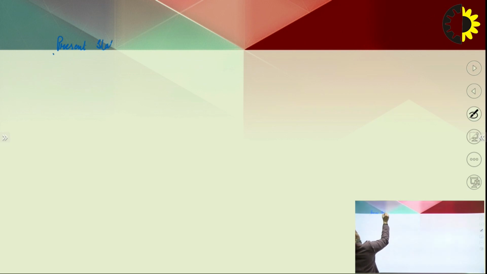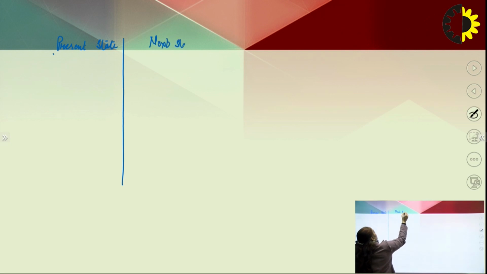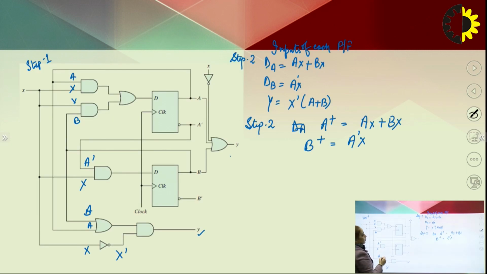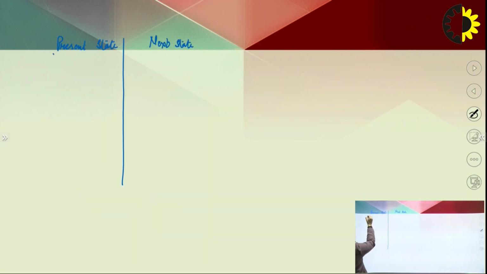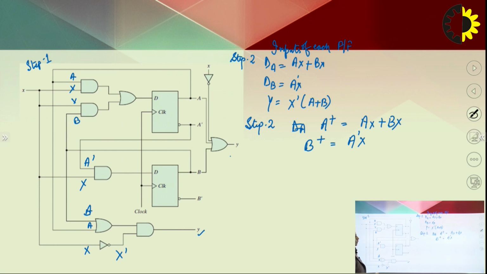We have the present state and next state. In the present state, I am going to have the values A, B and X. We have A plus, B plus and Y, right?